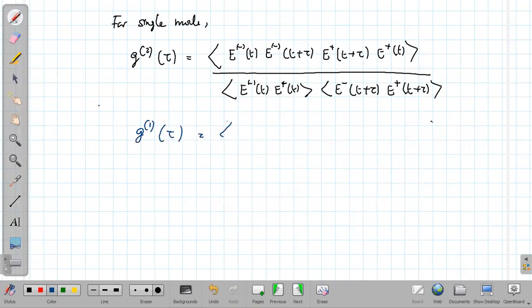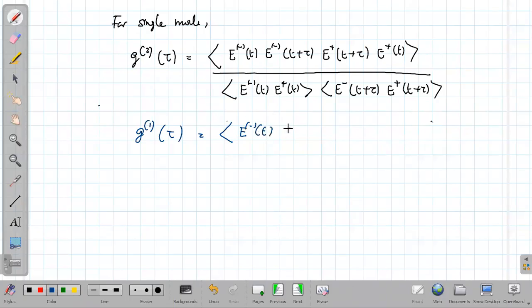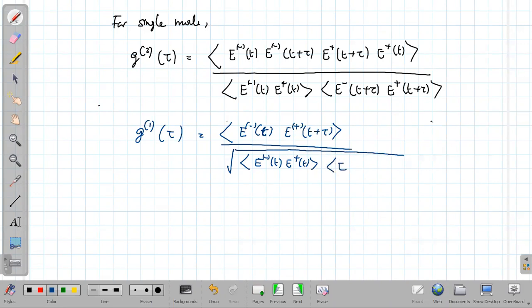G1 at tau is simply E minus at time t and E plus at t plus tau, divided by the square root of E minus at t, E plus at t, E minus at t plus tau, E plus at t plus tau.